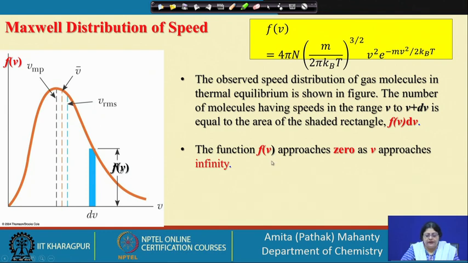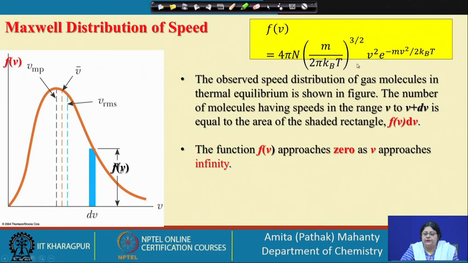The function f of v approaches 0 as v approaches 0, and as v approaches infinity. When will f of v approach 0? From this expression you can see. The velocity appears here as a square and here in the exponential term.